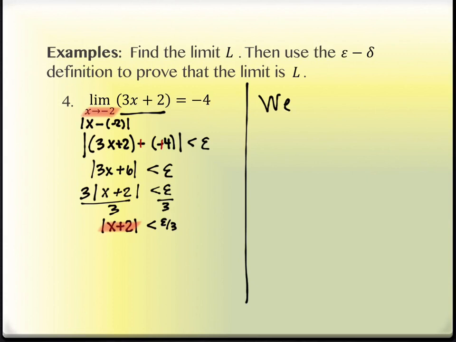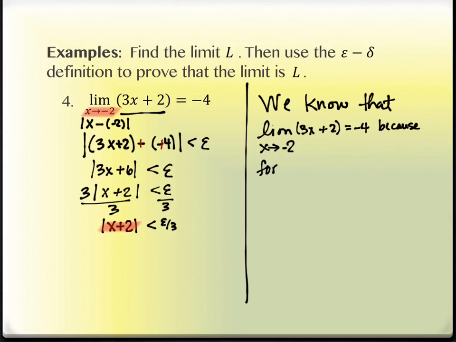And they look like this. We know that the limit as x approaches -2 of 3x plus 2 is equal to -4 because for every epsilon greater than 0, okay, that's the epsilon we put in right here, there exists delta equal to, and it's what we ended up at the end, epsilon over 3, such that, and then we write it backwards.